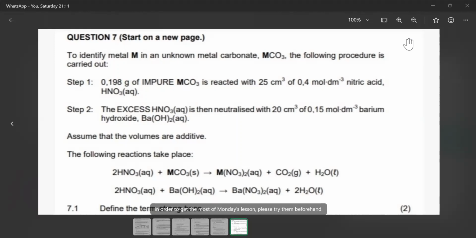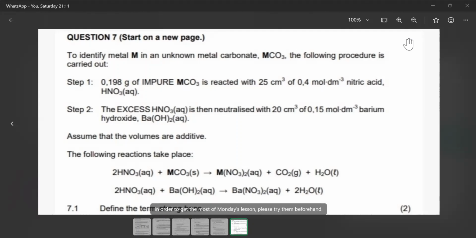So here they say the following procedure is carried out, and it happens in 2 steps. In the first step, 0.198 grams of impure metal carbonate is reacted with 25 cubic centimeters of 0.4 mole per cubic decimeters of nitric acid.